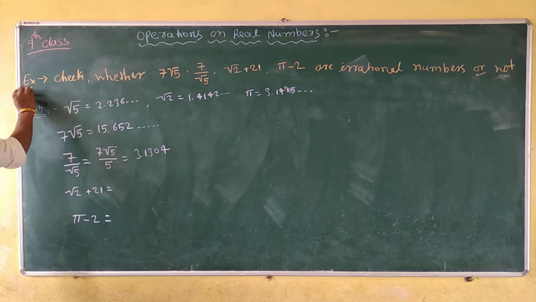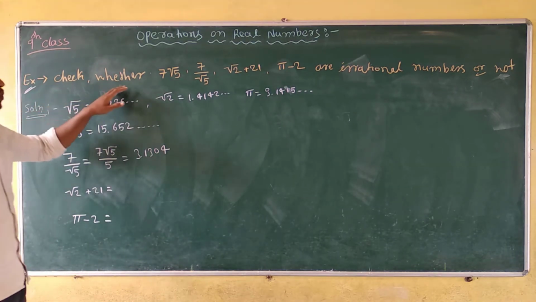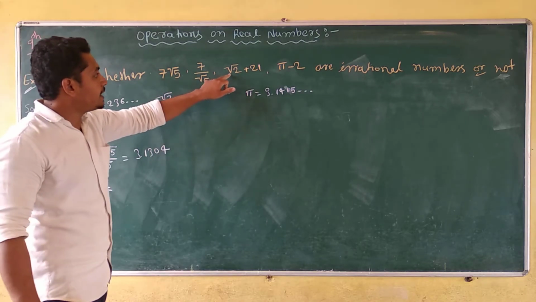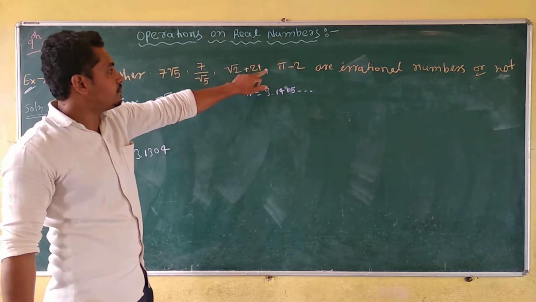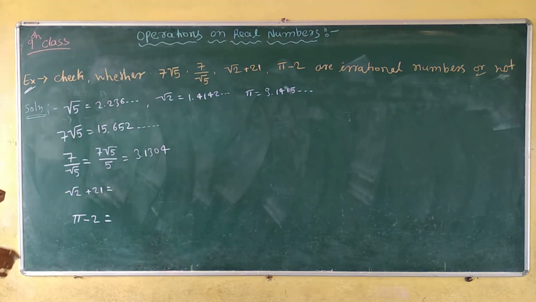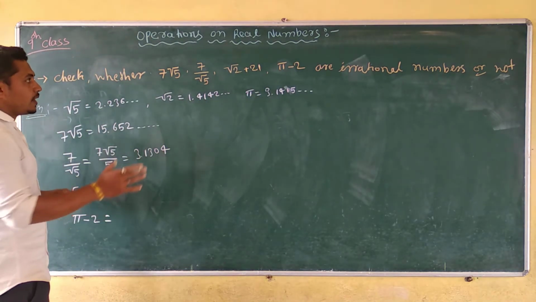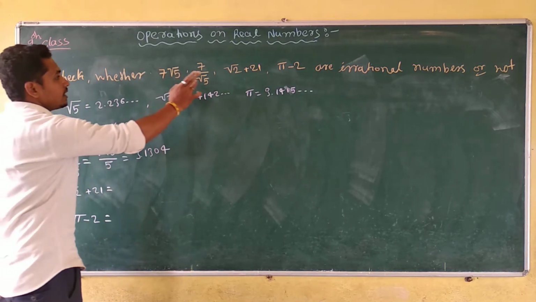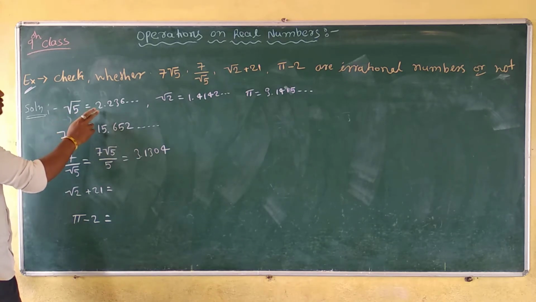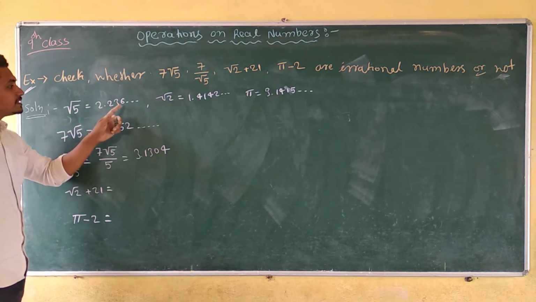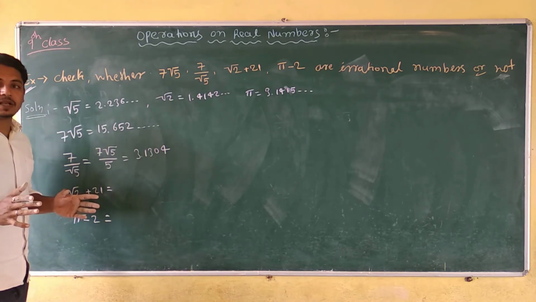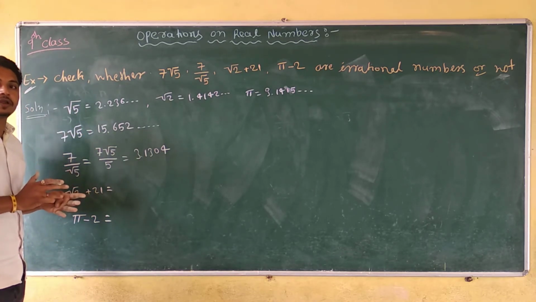See here, this is the example. Check whether 7 root 5, 7 divided by root 5, root 2 plus 21, and pi minus 2 are irrational numbers or not. First we find the values of root 5, root 2 and pi. The value of root 5 is 2.236 and so on, a non-terminating, non-recurring decimal expansion.